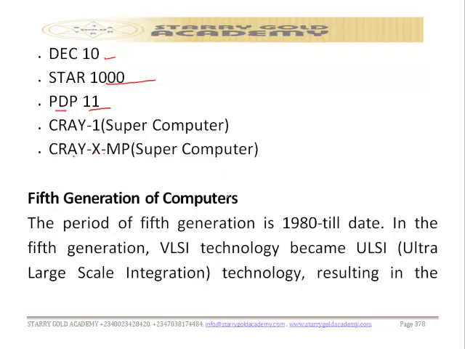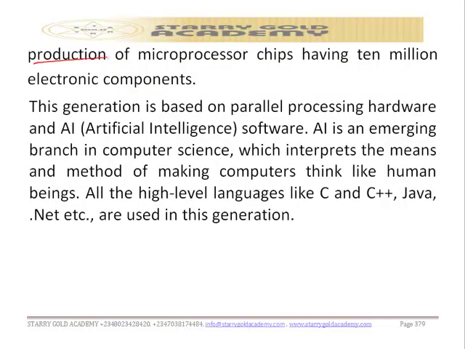Okay. Now, the fifth generation of computers. The period of the fifth generation is 1980 to date. Okay. In the fifth generation, VLSI, that is very large scale integrated circuit technology, became ULSI, that is ultra large scale integration technology, resulting in the production of microprocessor chips having 10 million electronic components.